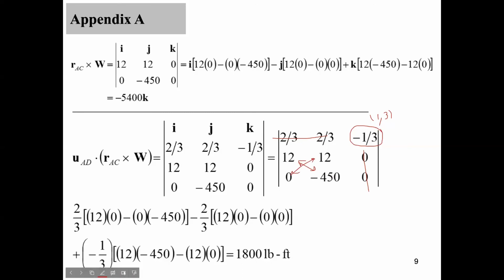The result will be 1800 pounds. Remember, the sign sequence is plus, minus, plus.